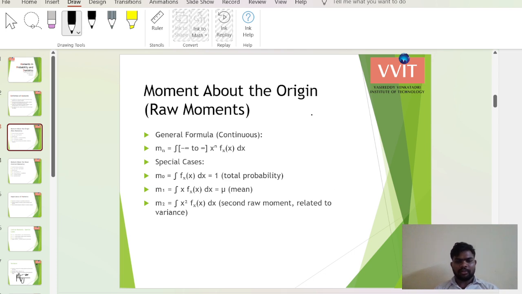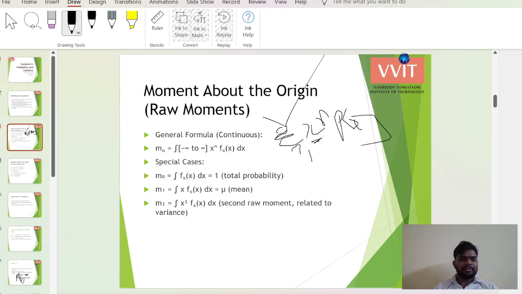For the discrete case, it is the summation from n equal to 1 to infinity of x power n into p of x. This is the discrete.